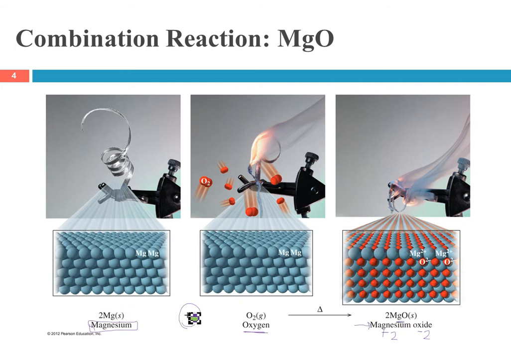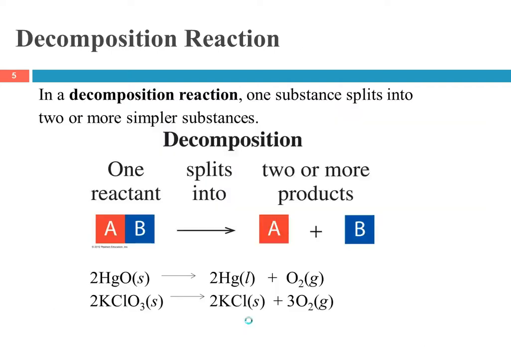Now this equation is already balanced, so that's why you have a 2 in front of your magnesium as well as a 2 in front of your magnesium oxide on this side. Also note that because oxygen is diatomic, that is why you have to write it as O2, because when it is by itself, it must have 2 atoms.